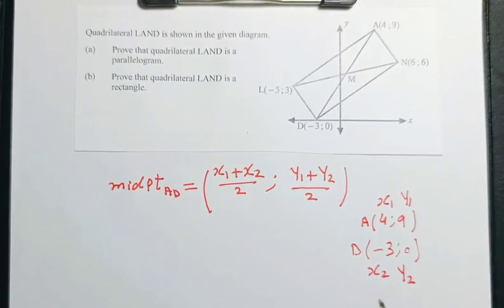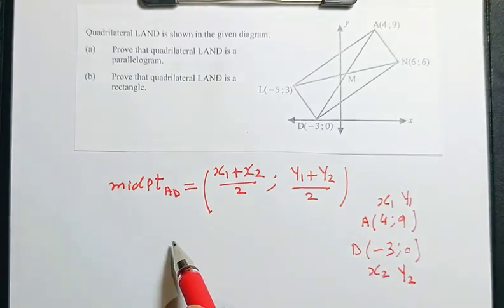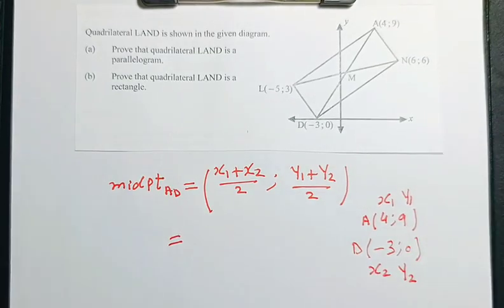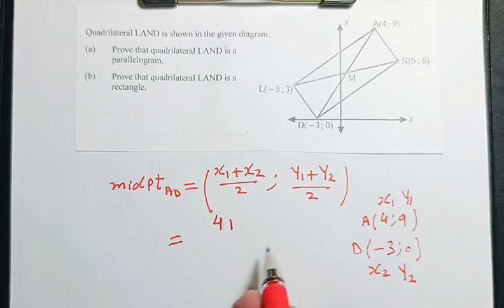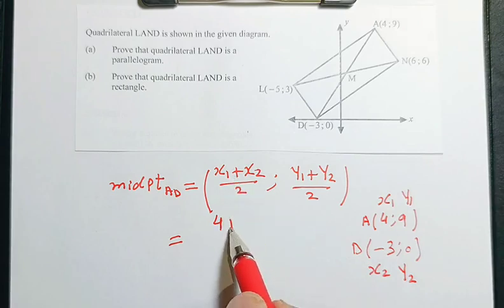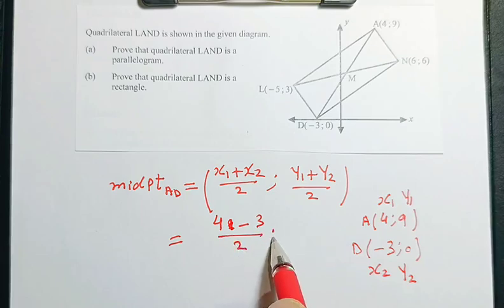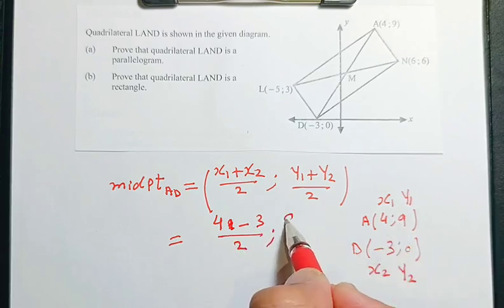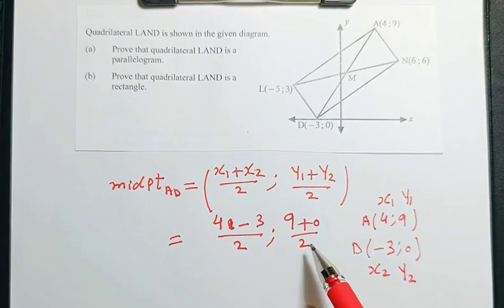The coordinates of A are 4 and 9, x1, y1, and D is x2, y2. I plug these values into the formula: x1 is 4 plus negative 3, which is 1 over 2, and y1 9 plus 0 over 2.